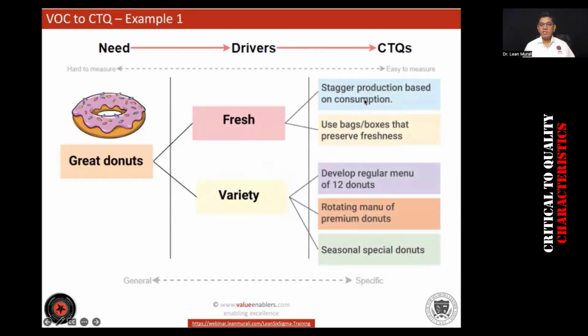And in freshness, the critical to quality is if you ensure that based on consumption you make these donuts, then that means it will be fresh. And if you use bags or boxes that preserves the freshness, then it will be fresh. So these are the critical to quality which can be easily measured. Variety, it is a regular menu of the 12 donuts, rotating menu of premium donuts, and seasonal special donuts. Okay. All right.